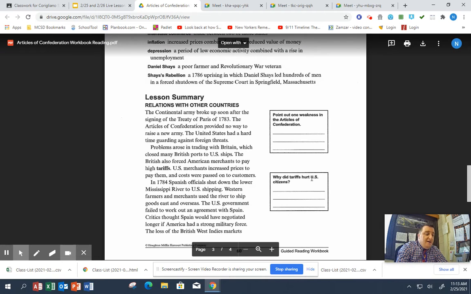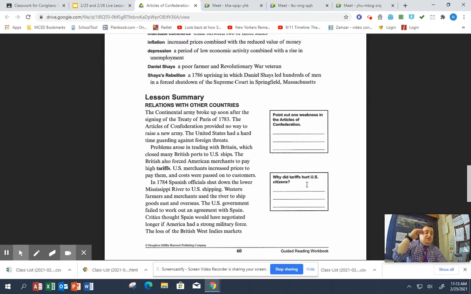That is why tariffs hurt U.S. citizens, because the cost of goods went up. The cost of U.S. goods for every U.S. citizen went up. All right?